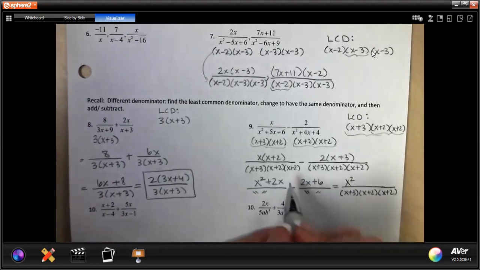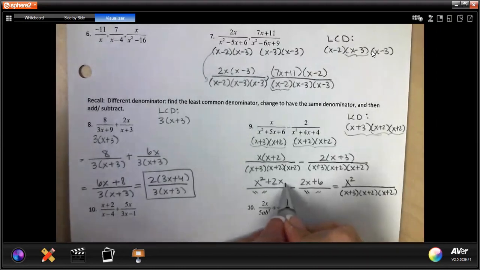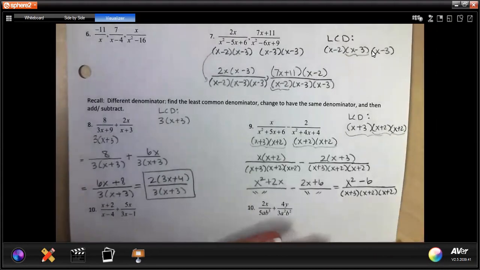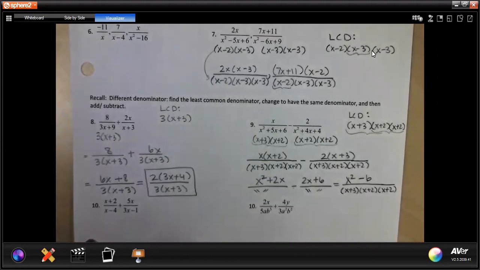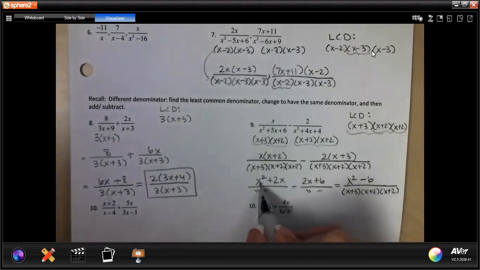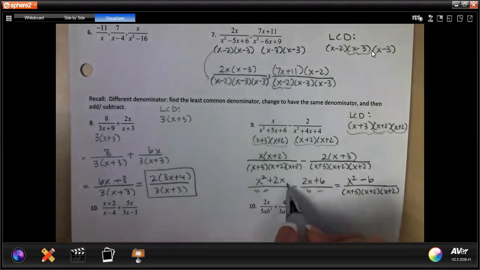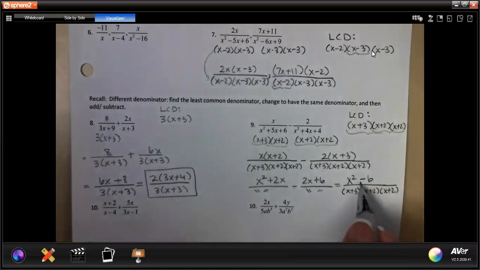And I don't have to write that. And then the constant here would be 0. So 0 minus 6 is negative 6. A lot of students miss that, the second ones after that x squared, because they always remember to subtract that first one, but they forget to subtract all the way through. So you want to remember 0 minus 6 gives you that negative 6.